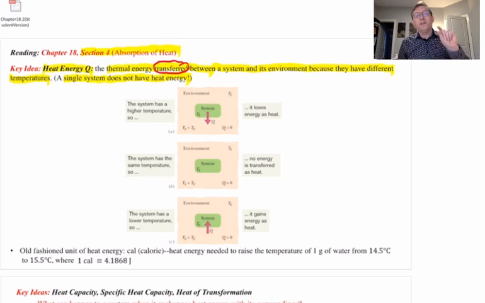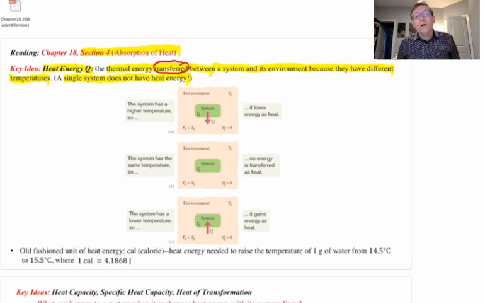You can't say a system has 10 joules of heat; to a physicist, that is a meaningless statement. You could say it has 10 joules of thermal energy, that form of internal energy related to its temperature, but you could say a system transfers 10 joules of energy as heat to its environment.